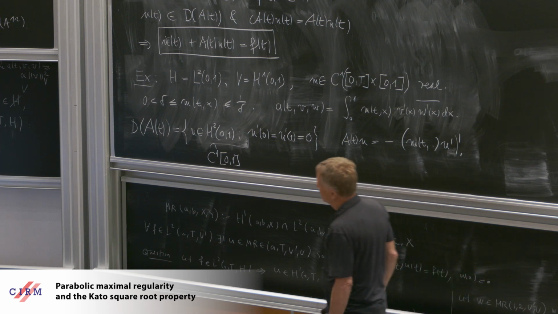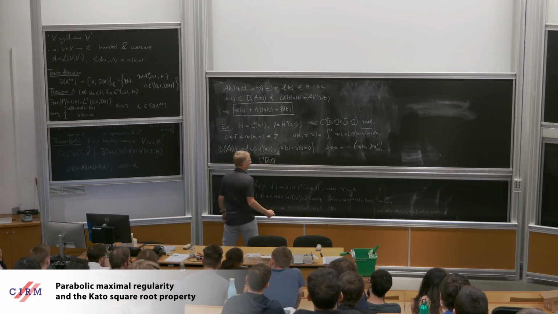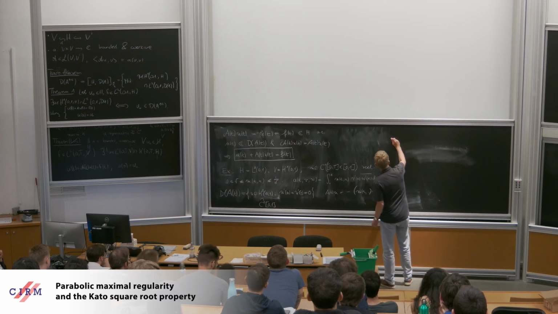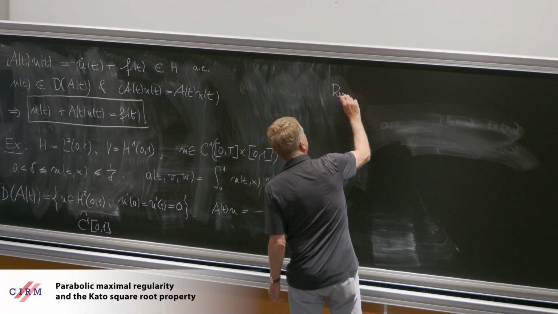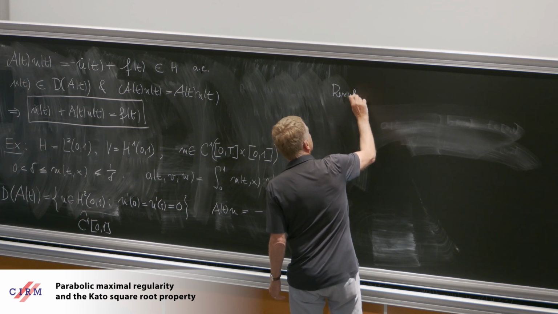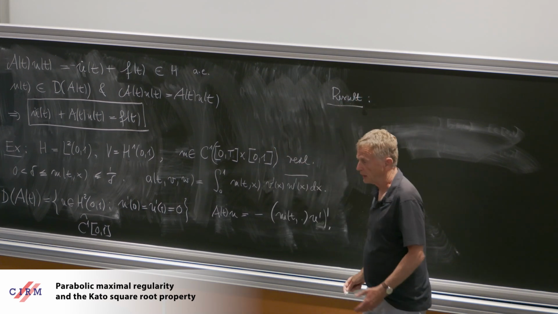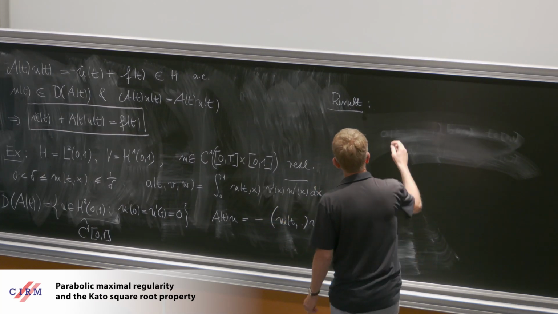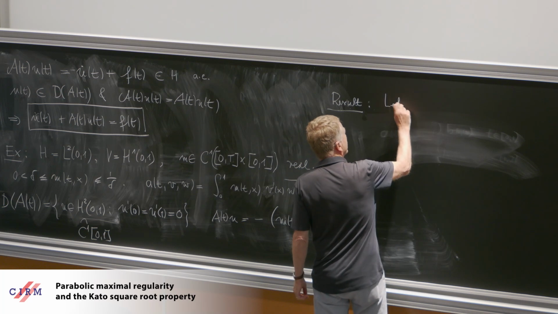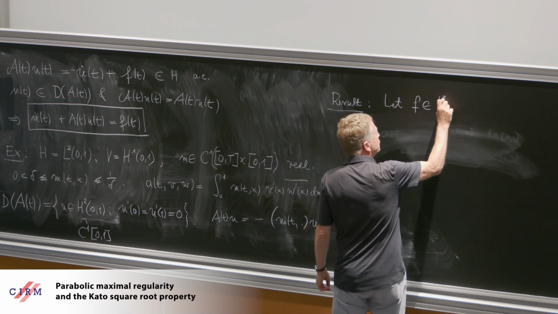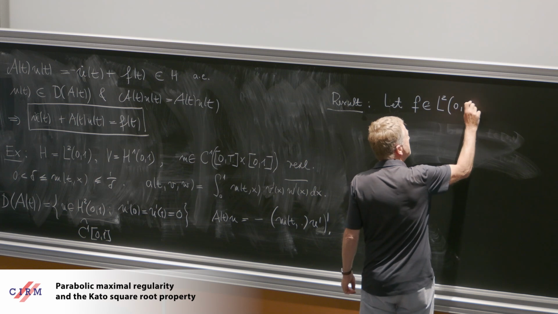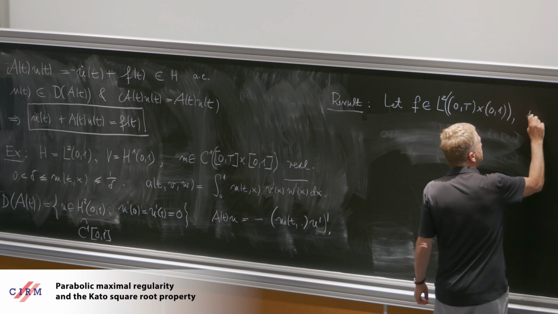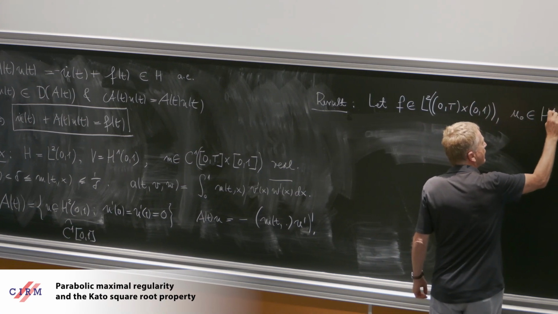Now, what does this result tell us? It says the following. So as a result, we have now the following, a result which is a consequence of Henning's theorem, the theorem Henning presented. Let f be in L2 with respect to time and with respect to space. Let u0 be in H1 of (0,1).